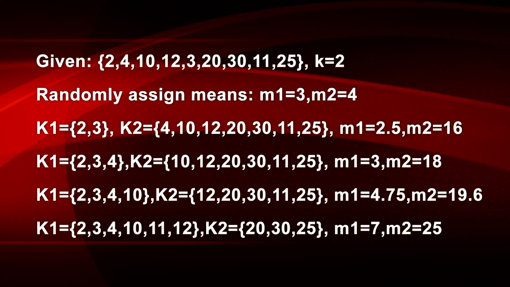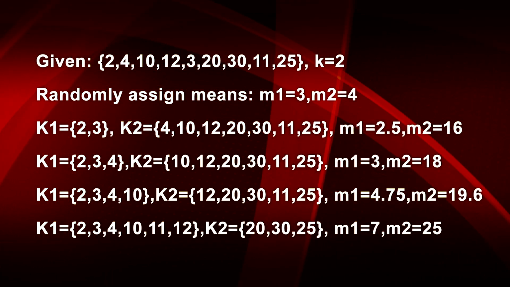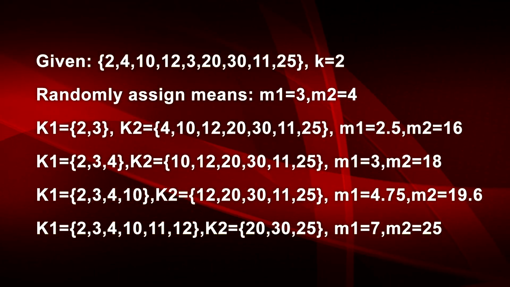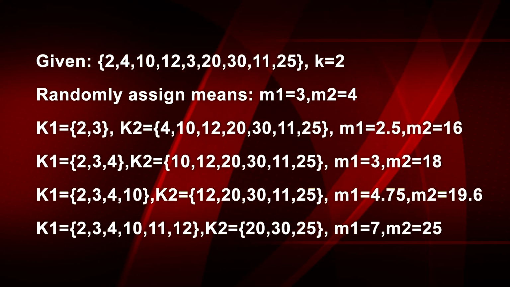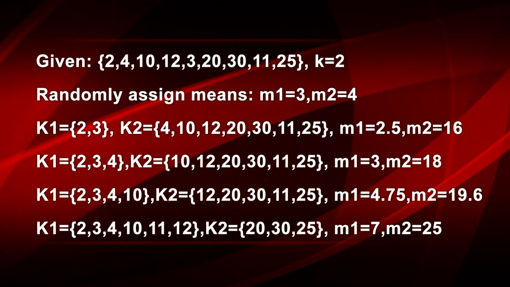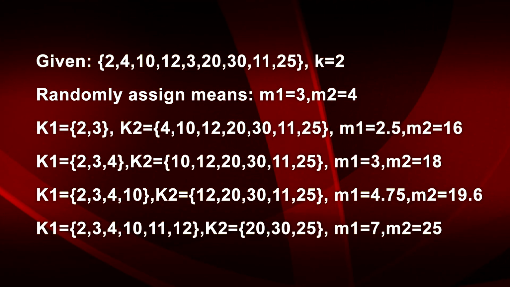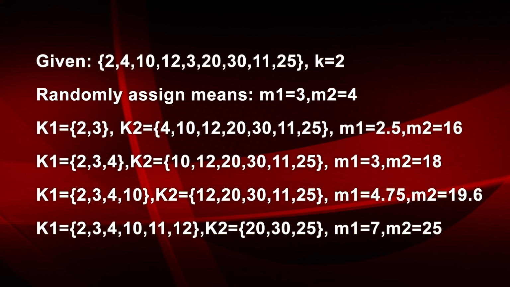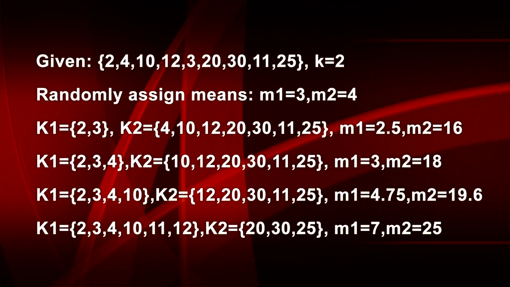If you repeat this in the next step, you can check that if K1 and K2 are not changing, then you can stop this iteration. You have to stop as soon as the clusters with these means are the same. That means in iteration step n minus 1 and step n, the elements in the two clusters do not change.